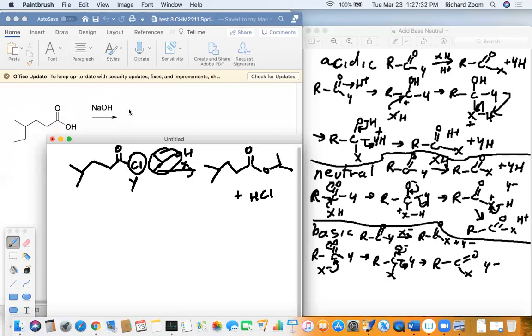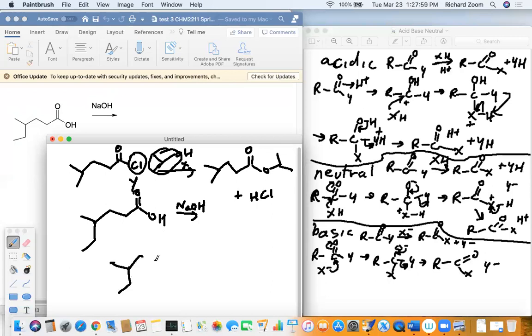Now this last one, all of the tests follow this same kind of thing. They have this reaction in there. If you've got a carboxylic acid reacting with a base like NaOH, what's going to happen, I'll show you the mechanism for it.